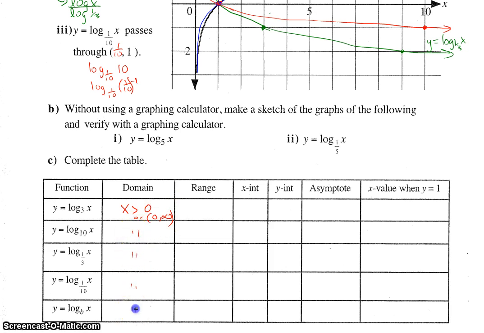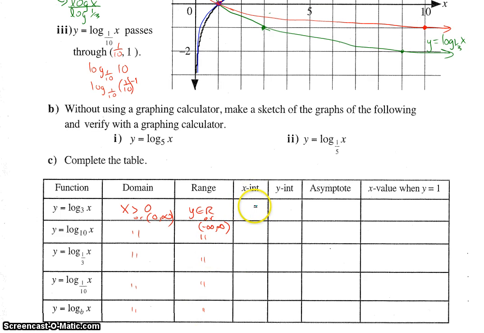I'm just going to put little tick marks. Okay, the range, you'll notice it goes forever up and down for all of those graphs. So our range is going to be y's an element of the reals. Or in interval notation, negative infinity to infinity. And the range for all of those is the same as well, so I'll put little tick marks there.